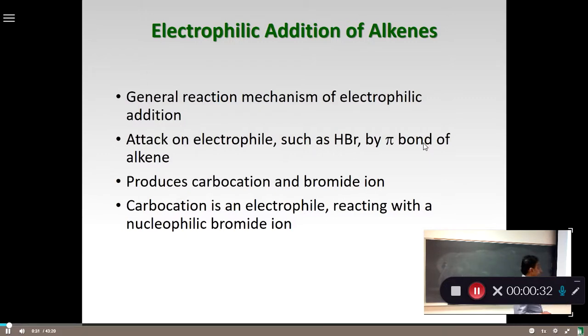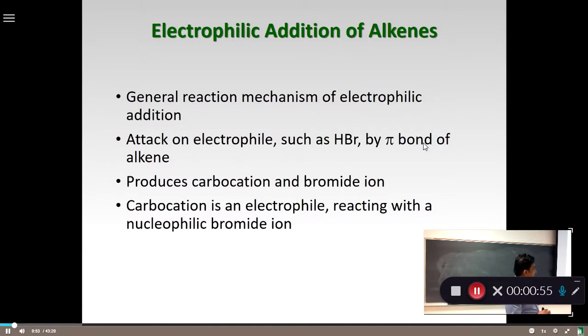In this part of the chapter we are going to talk about the general reaction mechanism for electrophilic addition, and how the electrophile, whatever it is, it could be the hydrogen or anything, but in the first reaction we are going to talk about HBr.